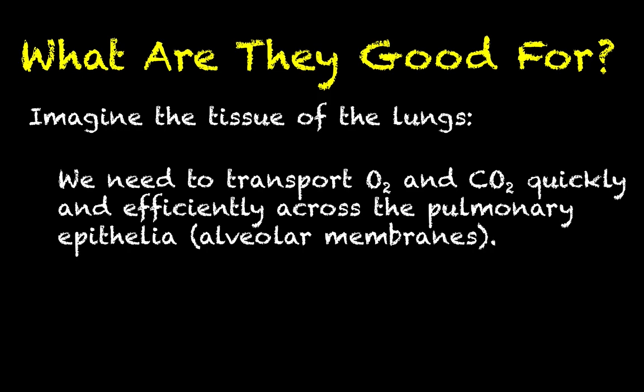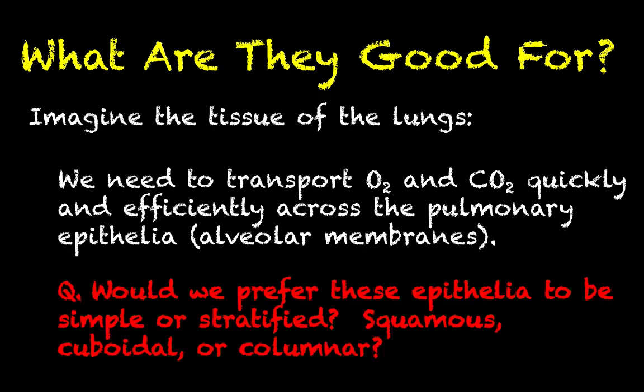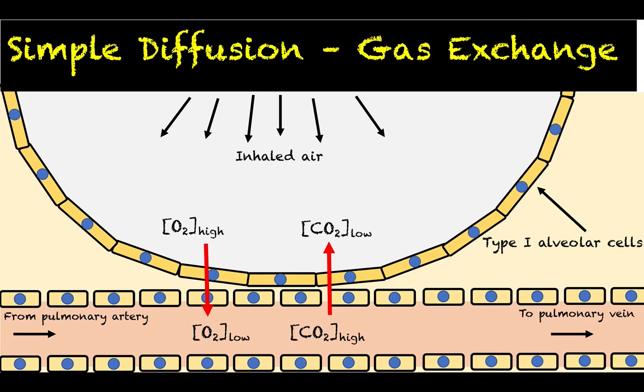So that's the very thin membranes that make up the alveolar tissue of the lungs. So when we breathe in, we need that gas exchange between what's inside the lungs and the bloodstream to happen as quickly as humanly possible. So the question then becomes, would we prefer for these epithelia to be simple or stratified? Would we prefer them to be squamous, cuboidal, or columnar? So let's take a look at that.